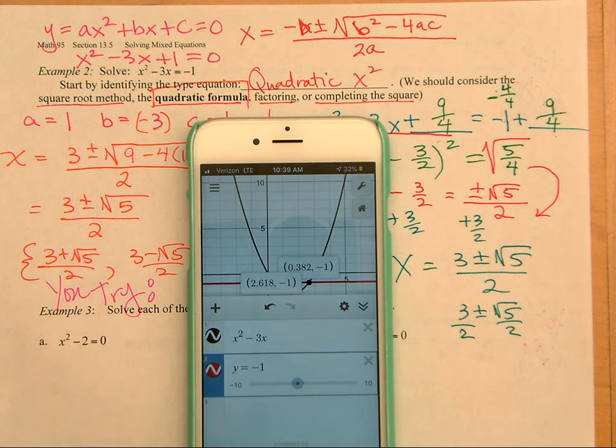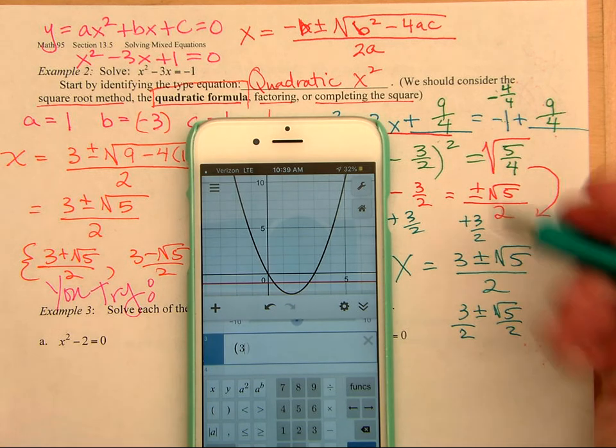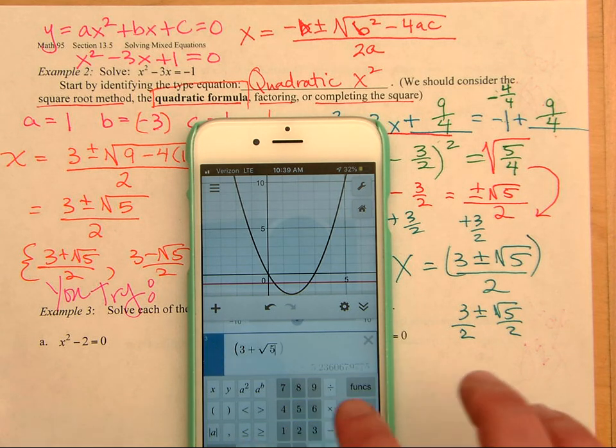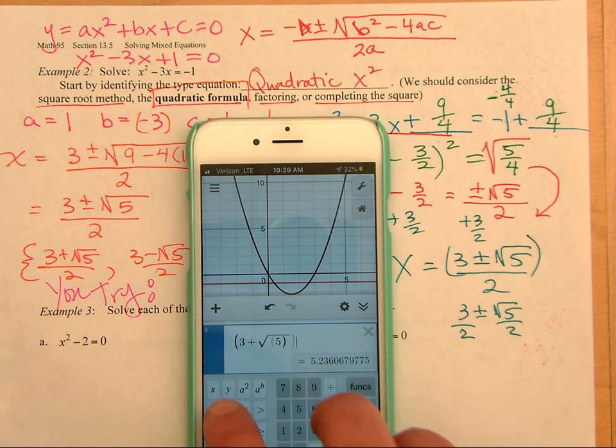Well, Desmos is also a calculator. So if I plug in 3, parentheses, because this whole thing needs to be grouped. These are two separate answers, so I can't do it all at once. If I do 3 plus the square root of 5, close the parentheses, now divide by 2.